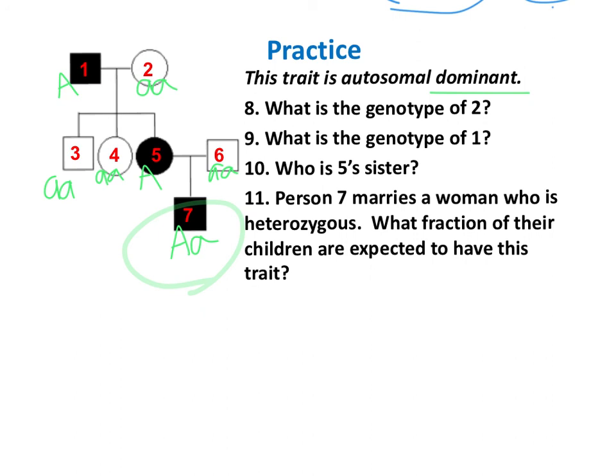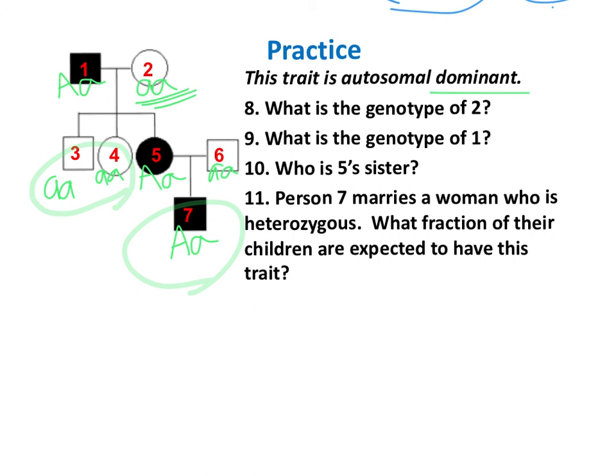Number 5's mom had to give a little a. So number 5 must be heterozygous. And then individual number 1, I can see that they had some kids, and those kids got 2 little a's. So they had to get a little a from mom. Yep, that's all she has. And they had to get a little a from dad. So this dad here has to be heterozygous.